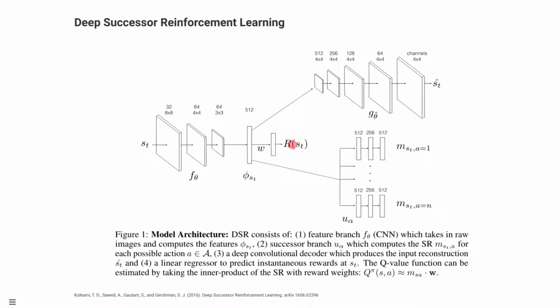Otherwise, it would be too reward-oriented. We will see that the trick is that this vector W, we are going to learn it for a particular task, but we don't always need it. We can just swap it depending on the task.